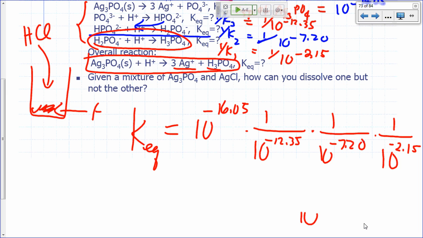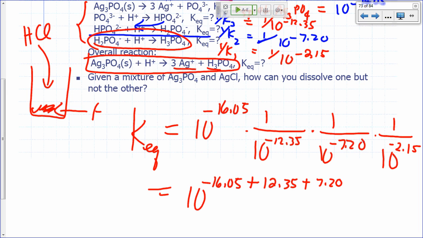Okay, so our KEQ is just going to be 10 to the negative 16.05 minus negative 12.35, so that's plus 12.35, minus negative 7.20, so that's plus 7.20, minus negative 2.15, so that's plus 2.15.